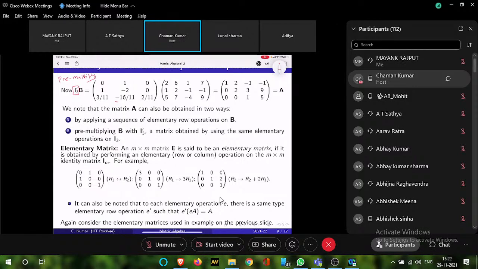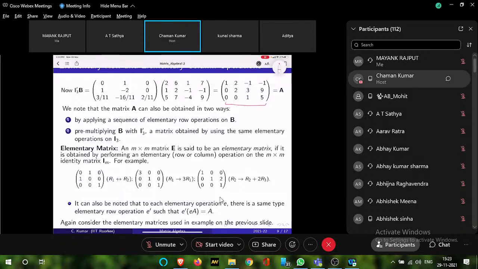Pre-multiply the matrix B, which was the original matrix, our starting matrix, by I3 dash. So I3 dash is this matrix that we have just obtained, and we are multiplying this by the matrix B. When you do this multiplication, you get a new matrix, which is this.